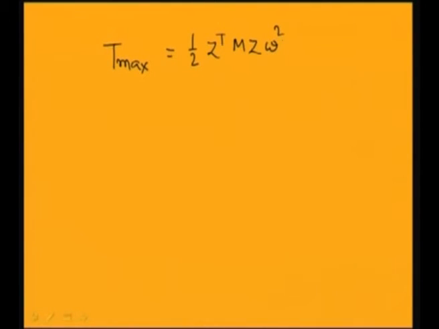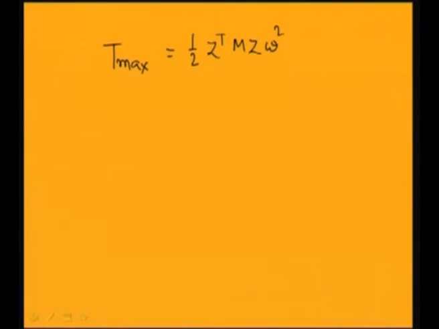As it is equal to half V transpose mV, and velocity can be written in terms of the displacement, that is omega Z, by substituting that you can write T max, the maximum kinetic energy of the system, equal to half Z transpose m Z omega square.